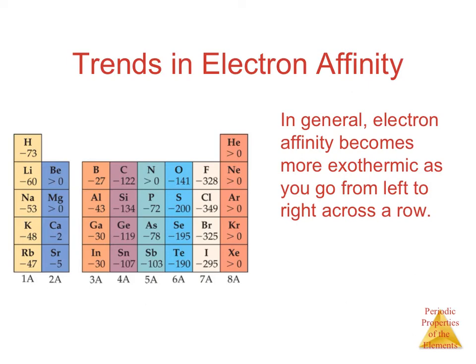If we look at this table, what you see is, in general, your electron affinity goes up as you go to the right, and it goes down a little bit as you go down. So think about this: a fluorine atom is much more likely to take on an electron and become stable than something like a lithium atom.